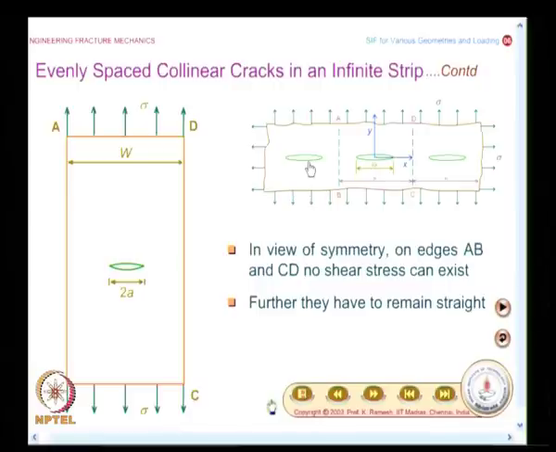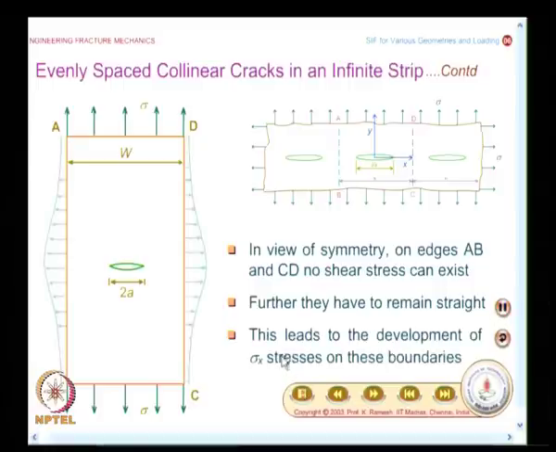You have evenly spaced collinear cracks, and I take a line AB and CD which are in between the two cracks. From arguments of symmetry, they have to remain straight. If you have shear stress, they cannot remain straight, so shear has to be 0, and for the lines to remain straight, you need to have stresses developed in the horizontal direction.